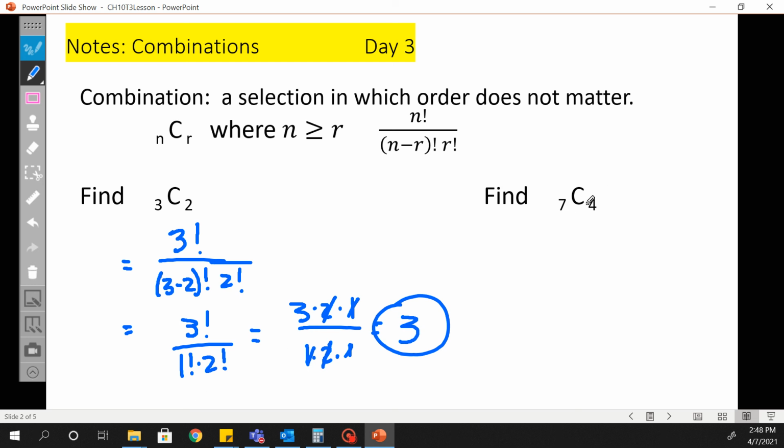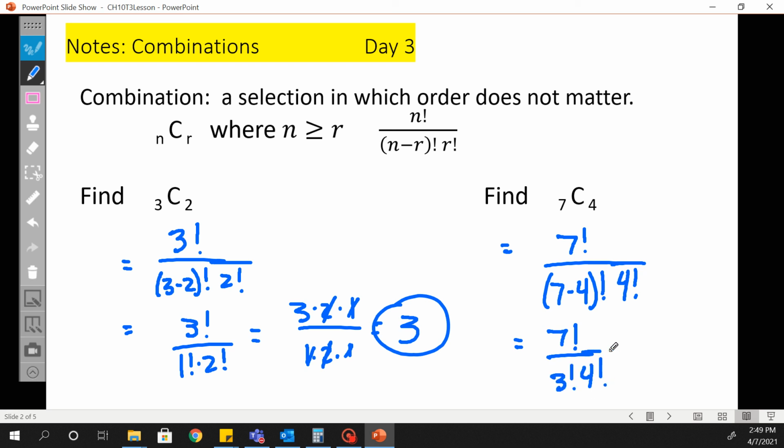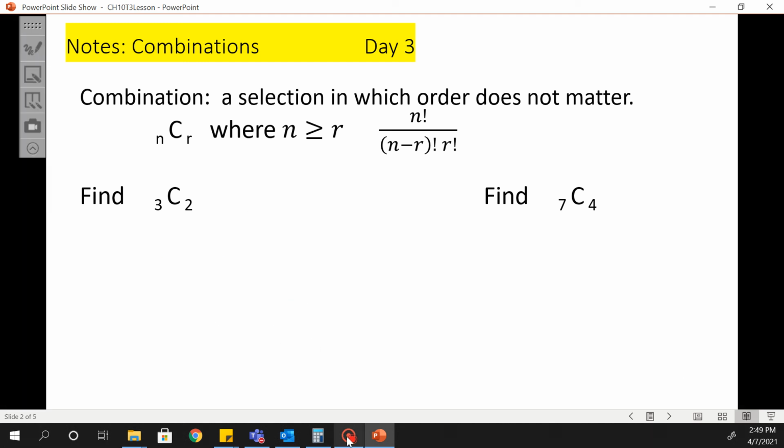Next, 7 items to choose from, groups of 4 where order does not matter. The permutation for this would be 7 factorial over 7 minus 4 factorial, but we also have to divide out the repetitions for each group, which would be 4 factorial. This is 7 factorial over 3 factorial times 4 factorial. I could just do the canceling here, but I'll plug this into the calculator.